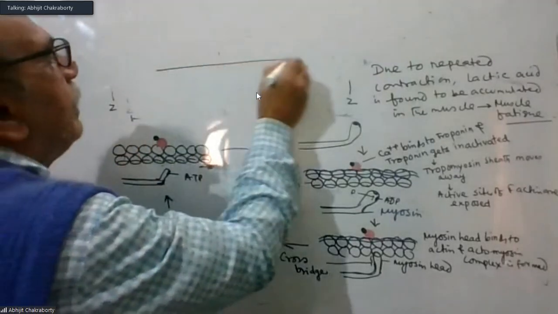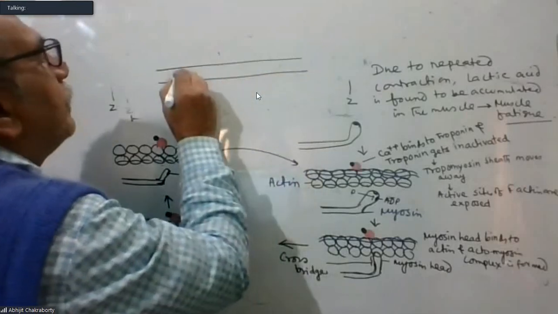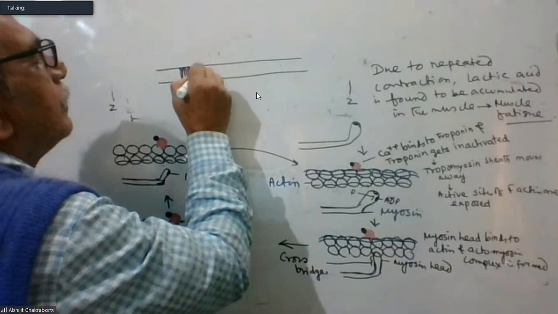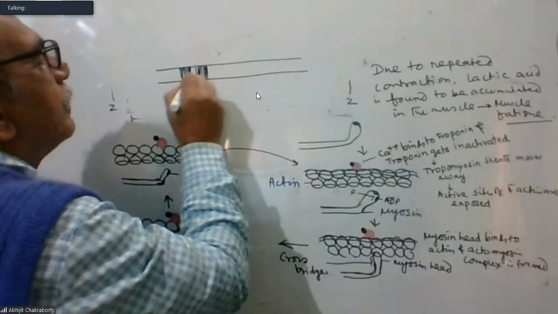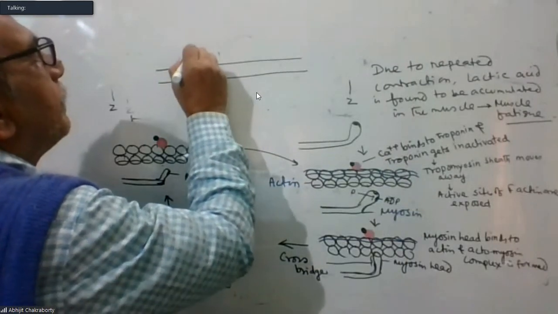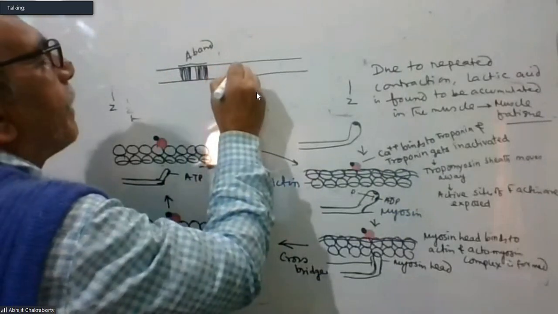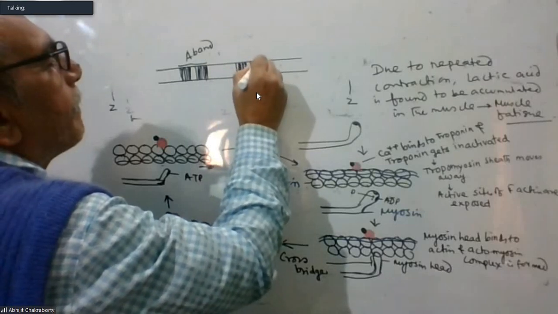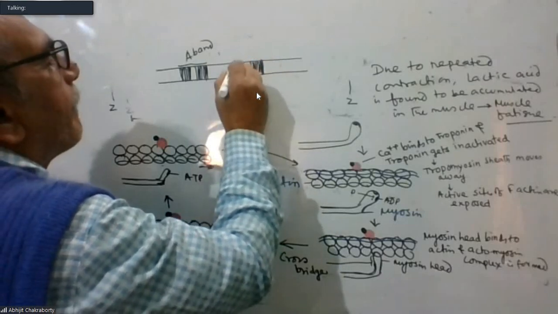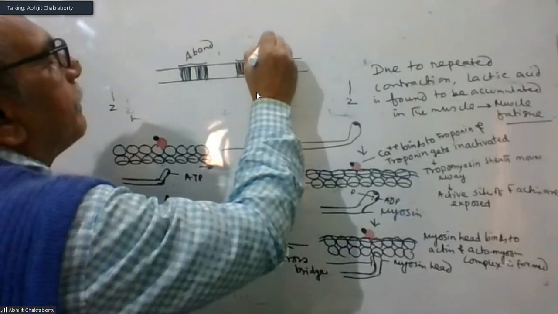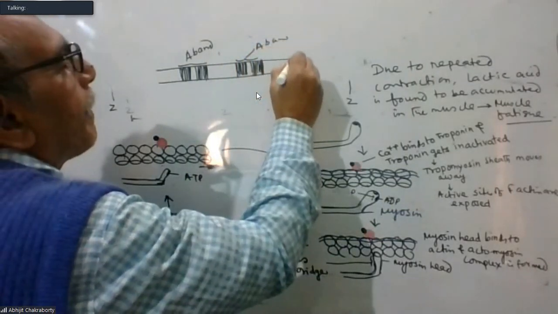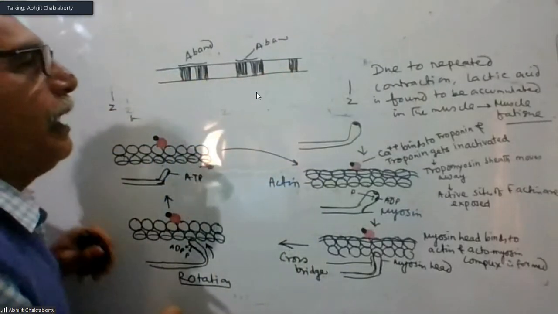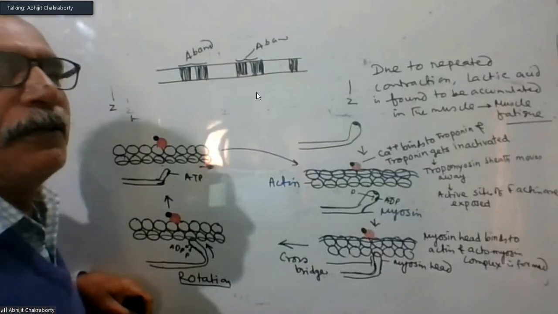In a myofibril, this is the A-band, and again A-band. In a myofibril, A-band and I-band occur alternately, or dark band and light band.